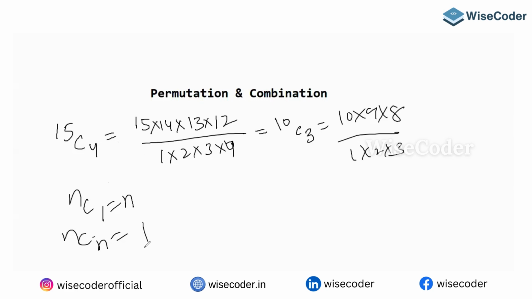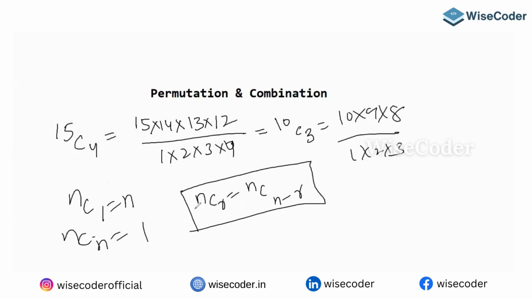NCN is equal to 1. Or you can say NCR is equal to NC(N minus R), both are the same.